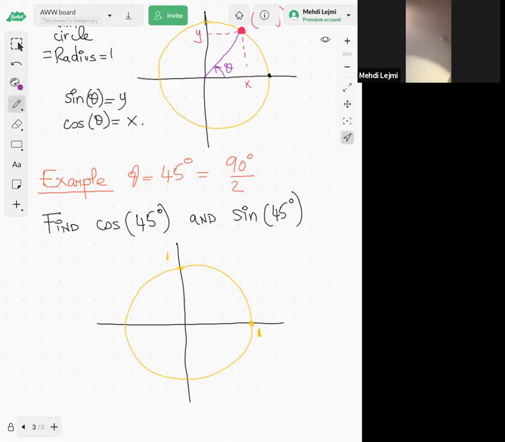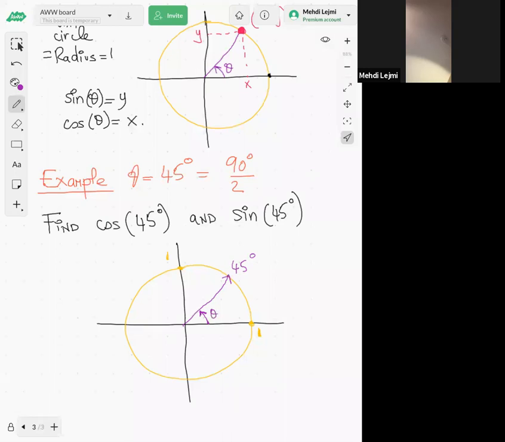All right, so here's my 45 degrees. Just take the diagonal. That will be my 45 degrees, right? So you go from your initial side, the x-axis, to this terminal side. That's 45 degrees. All right, so that's my theta, 45 degrees.